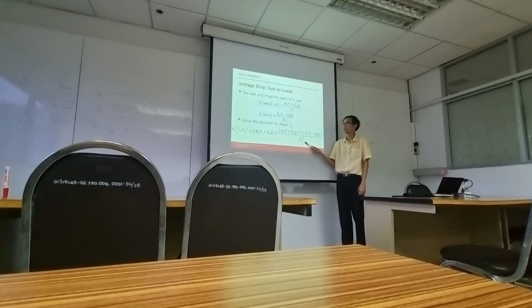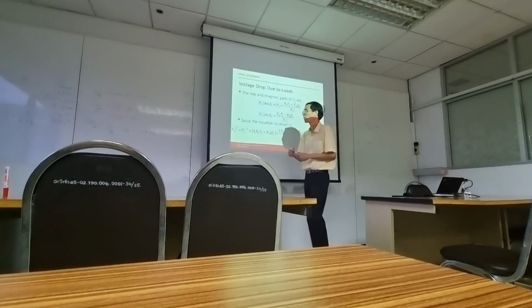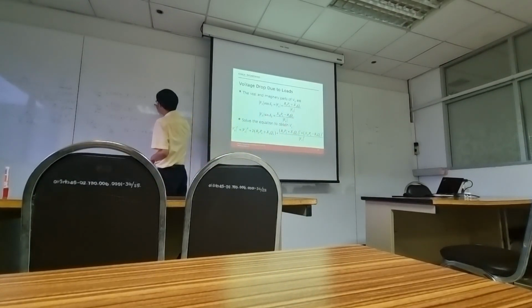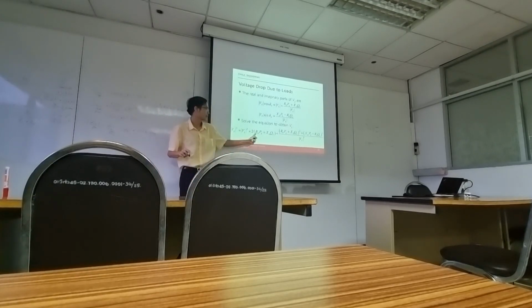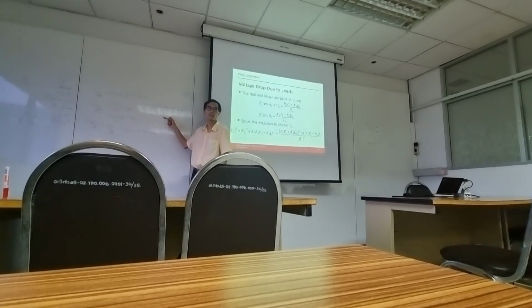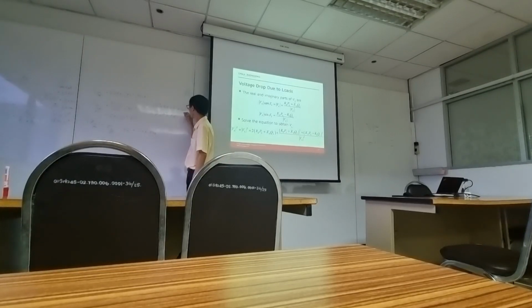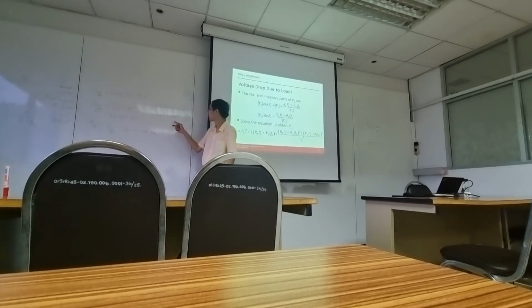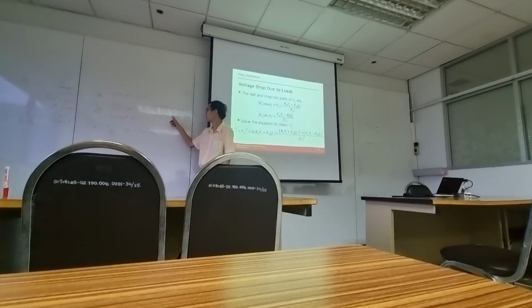If you have something like ax square plus bx plus c equals 0, a quadratic equation, how can you get x? It is minus b plus or minus the square root of b square minus 4ac, divided by 2a. So you get two answers, plus and minus.